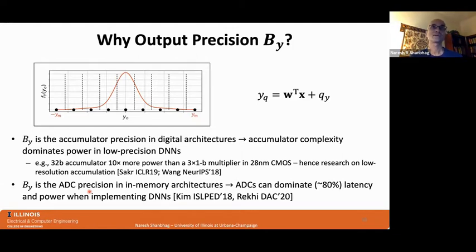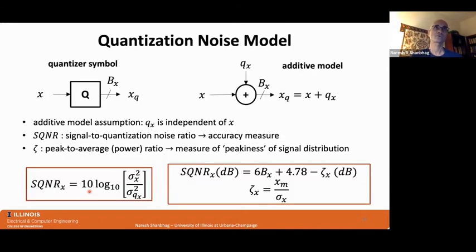But we want to ask the question, what is the minimum value we can live with? So what is the metric we ought to be using in this kind of analysis? We use a metric called signal-to-quantization noise ratio. It is very commonly used in the design of fixed point digital signal processing systems, communication systems, and to some extent in sophisticated fixed point DNN architecture design.